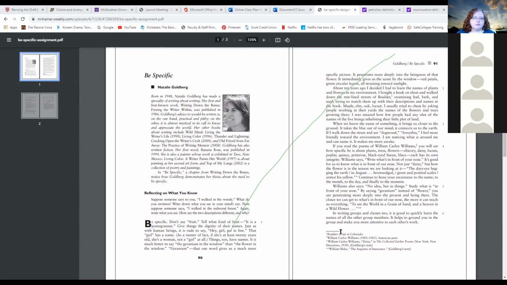What was the question again? Why is it important to use the right name for something? So the audience has a better understanding of what you are trying to talk about. Yeah, I like the way she says up here at the top of the page, it penetrates more deeply into the beingness of that thing. In this case, she's talking about flowers.